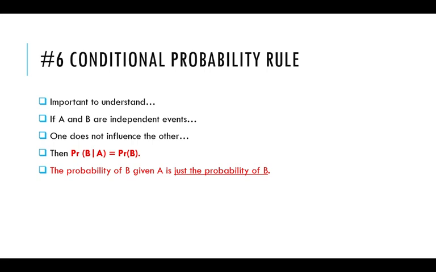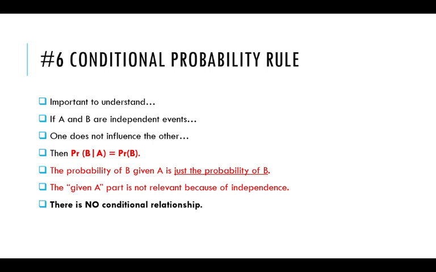Why is that? Well, think about it, guys. These are independent events, which means the given A part is not relevant. They're independent. A and B don't have anything to do with each other, which means there's no conditional relationship here.